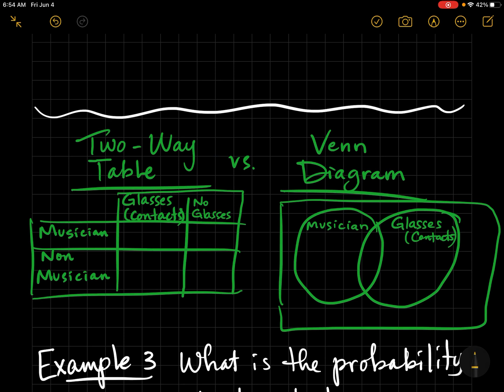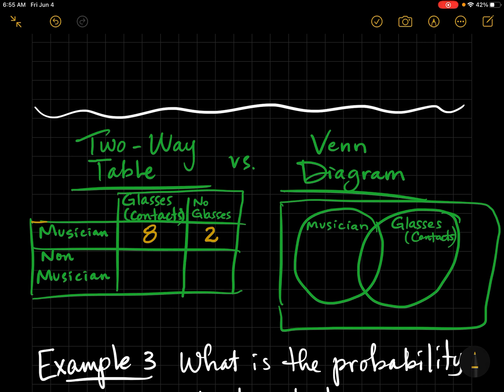Now, I like to make sure you know these 2 ways to visualize data. The important thing about data is organizing it so that we can easily digest the data. So let's say that I surveyed a class and I asked how many students were musicians that wore glasses, okay, or contact lenses, and let's say 8 people.